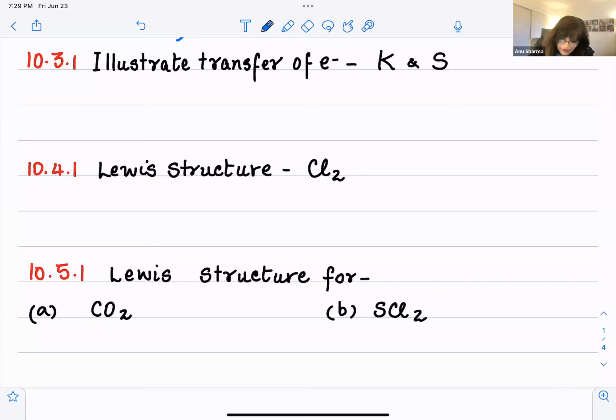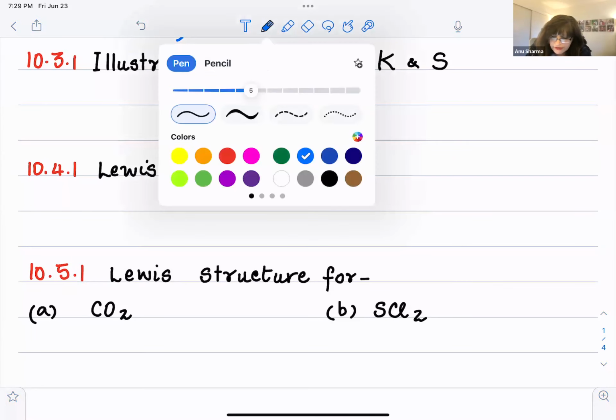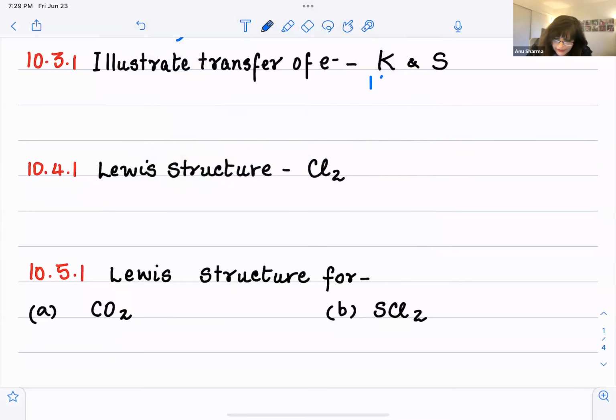Now here we are looking at potassium and sulfur. Where is potassium? Potassium is in group 1A. So always look at their placement in the periodic table: group number, valence electrons, and then based on that, because here we are looking at the transfer of electrons, we'll have to look at the charges also.